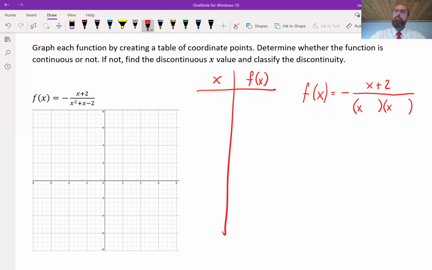Then I need to come up with two numbers that multiply to -2, that's that c term, and add up to 1. That's the understood coefficient on x. So I need two numbers that multiply to -2, add to +1. So I think what we're looking at is +2 and -1. So let's just check.